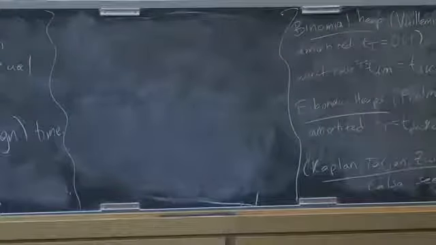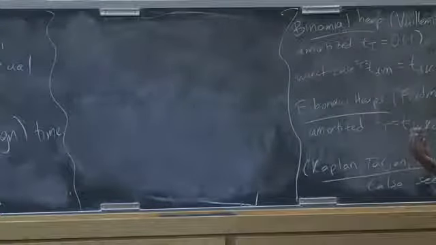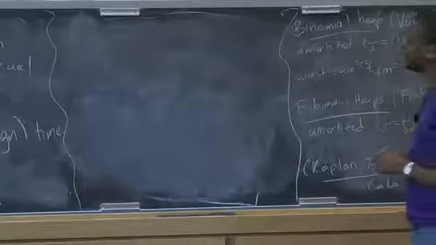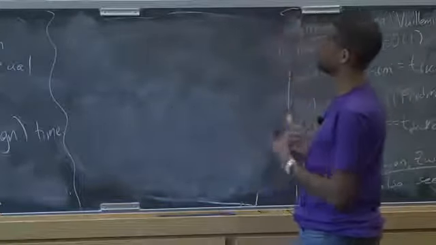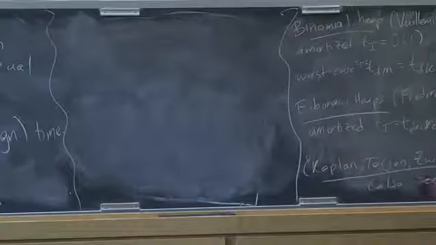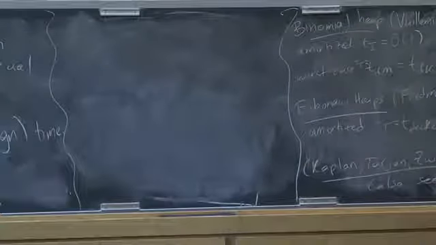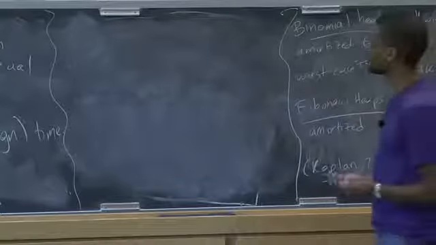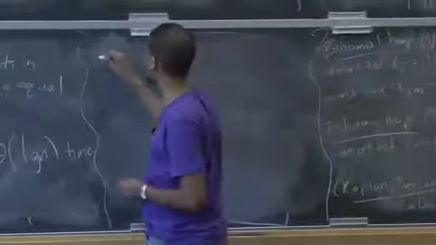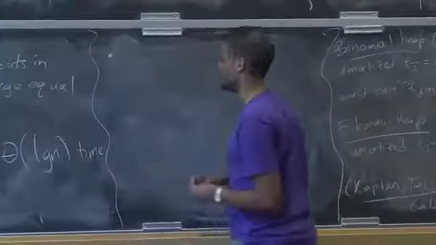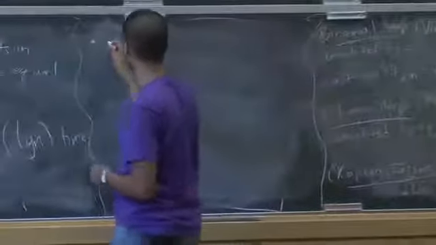So we need to define a potential function, which is always non-negative and takes as input a state of the data structure. If we're looking at a picture of the data structure, does anyone have any ideas for a good potential function?